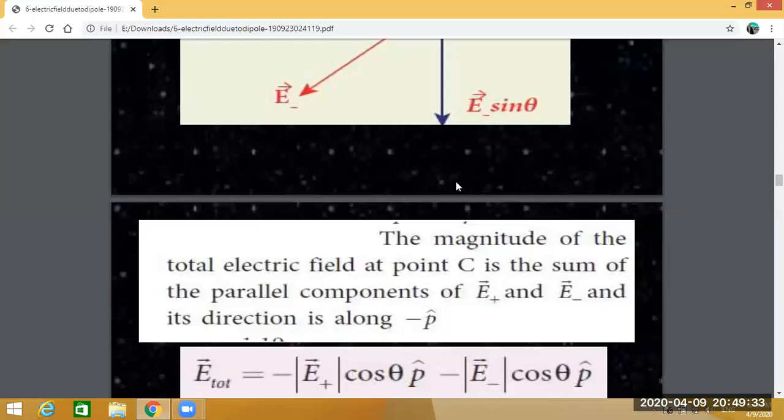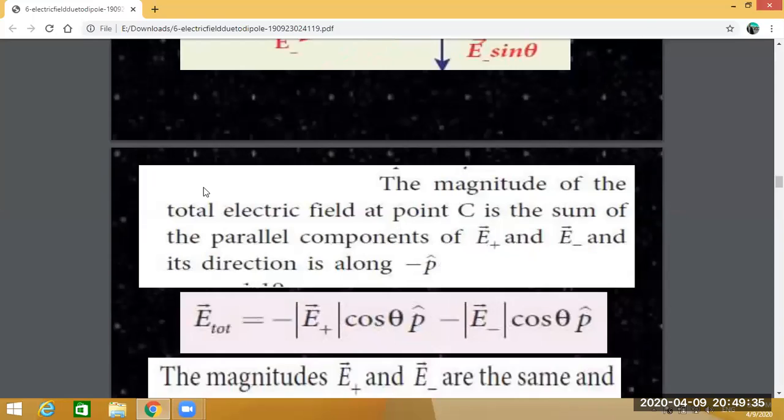Next, the magnitude of total electric field at point C is the sum of the parallel components of E plus and E minus, and the direction is opposite to the electric dipole moment, minus P cap, where P cap is the unit vector for electric dipole moment.